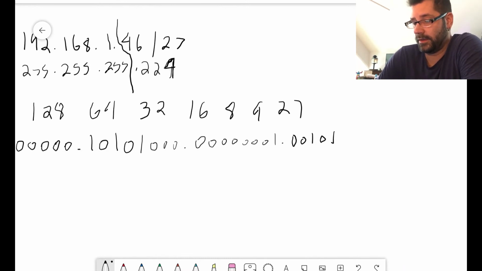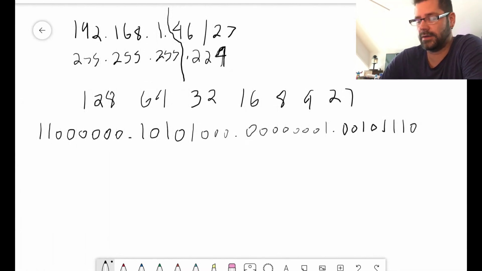Okay, so 0, 0, 1. So we have 32, not 16, and 8. So far we have 40. And then 4 and 2 equals 6, so 1, 1, 0. Wait, 1, 2, 3, 4, 5, 6, 7, 8. Okay, so I want to make sure that added up.